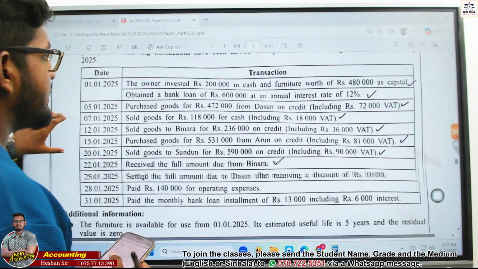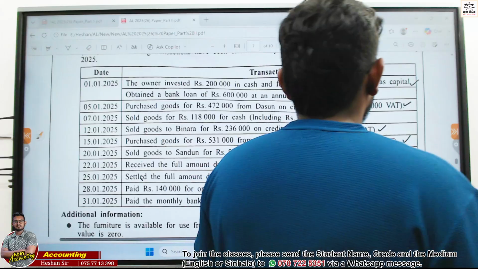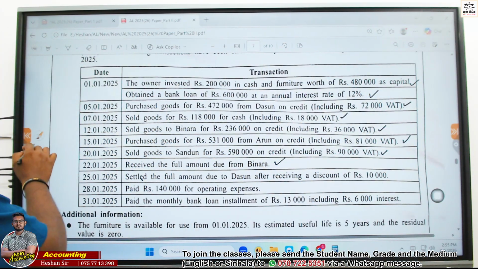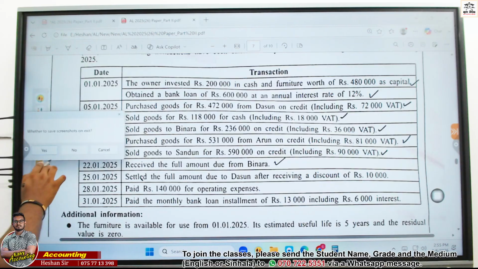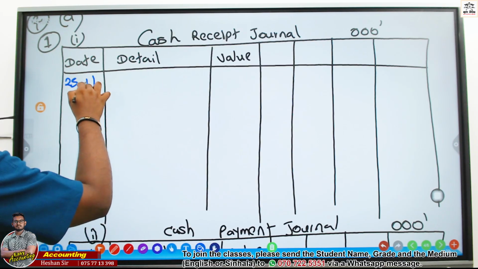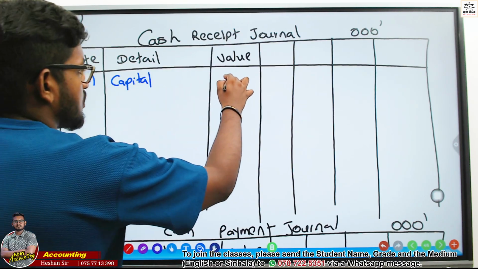See. The owner invests 200,000 in cash and furniture 480,000 as capital, right? Owner invested cash 200,000. So cash receipt journal. So 2025 January 1st, you can see capital 200,000.